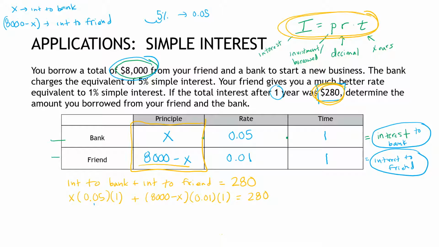So now I have an equation that I can solve because I've taken these values and multiplied them and these values and multiplied them. And so now it's just a matter of doing the work, which we've done a lot of practice with. So let's go ahead and take X times 0.05 times 1.